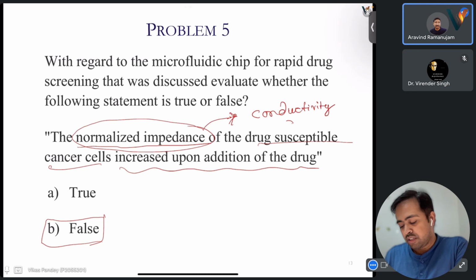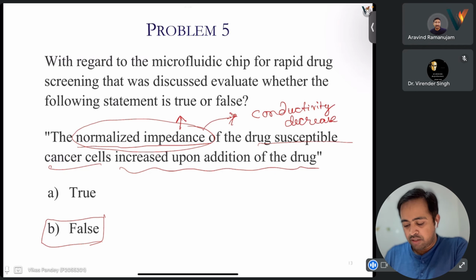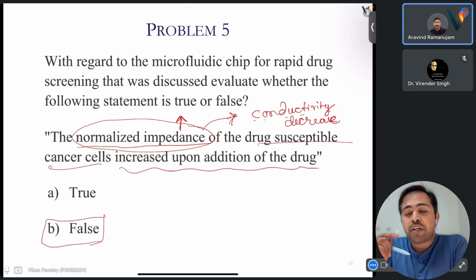Conductivity decreases when impedance is increasing, right? So what can be the factor for the increase? Yes, when the impedance is increasing, the conductivity will decrease. But here we are saying it will increase, right? Conductivity should increase because the impedance should decrease.